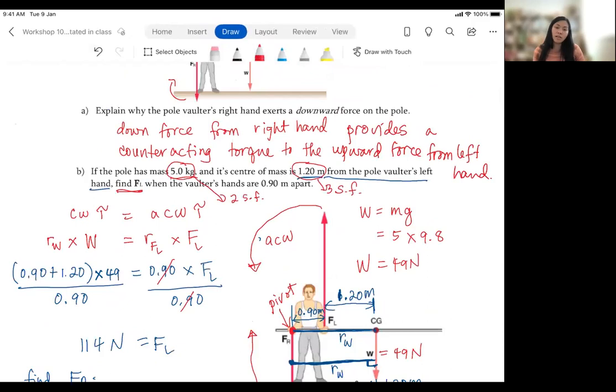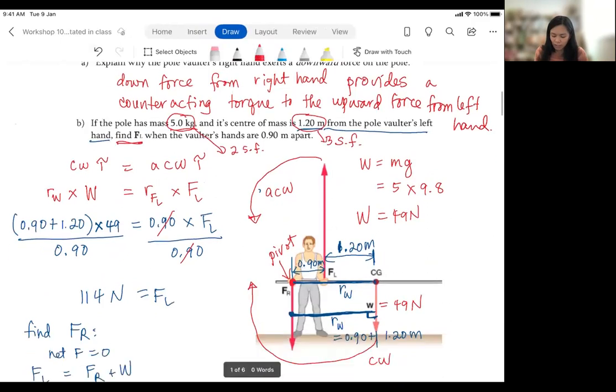So when you round your final answer, it should have 2 significant figures, because the least number of significant figures in the given is 2.